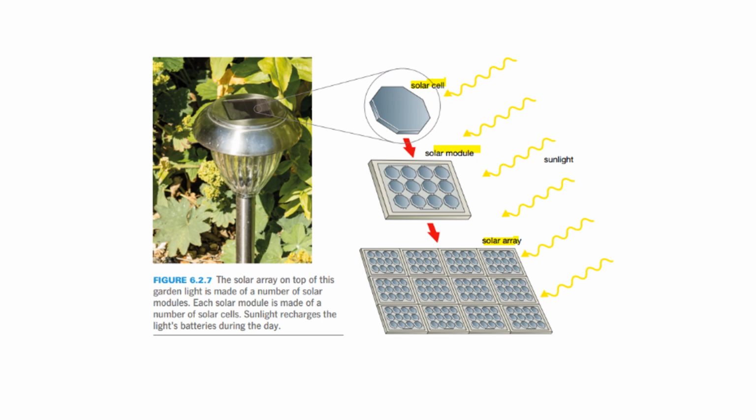Eventually it's used to recharge the battery for the light, which enables the battery to be used, let's say at night, to power the light bulb in your garden. That is why you do not need to recharge it yourself. It will be done automatically if you have these photovoltaic cells or solar cells on top of these garden lights.